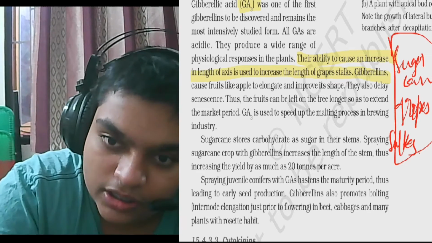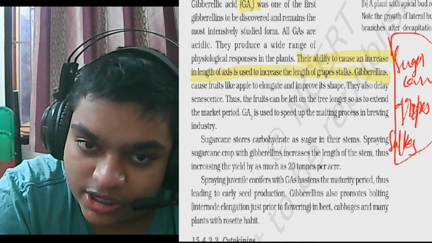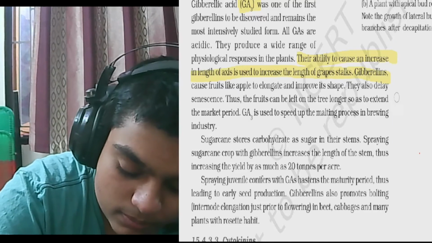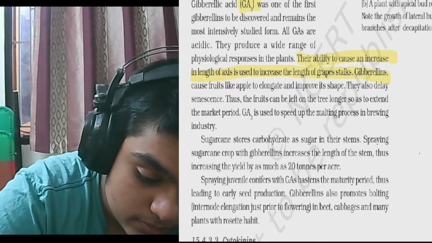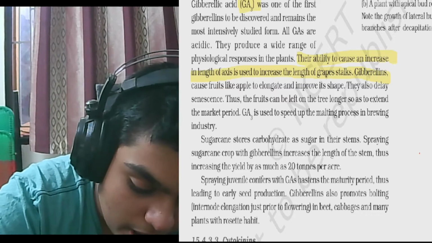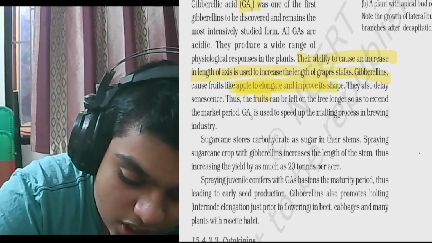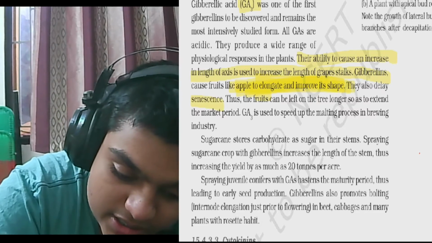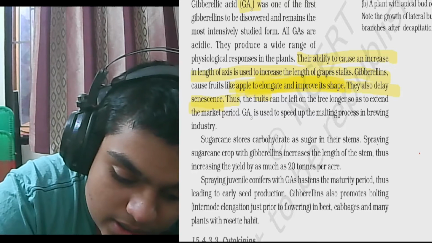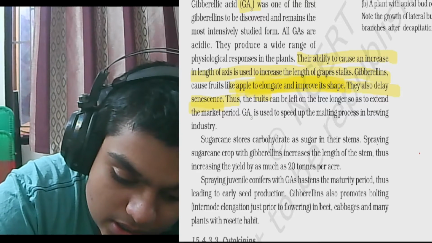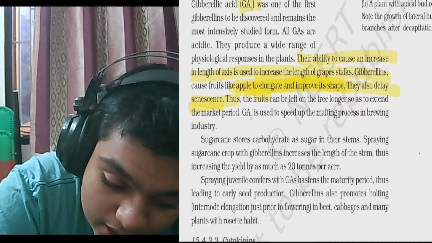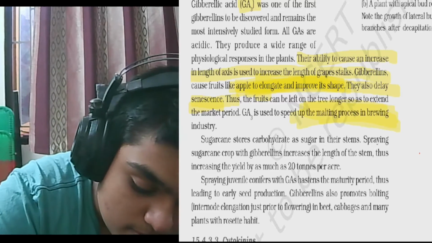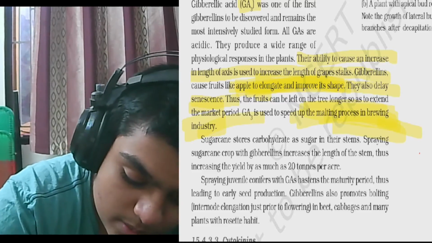The sugarcane and grape length is increased, and that is why it increases the yield. Next, they also give a perfect shape in apples. Delay senescence. And also the malting process. Today morning in the MCQ session we have seen the brewing industry, malting process speed up.